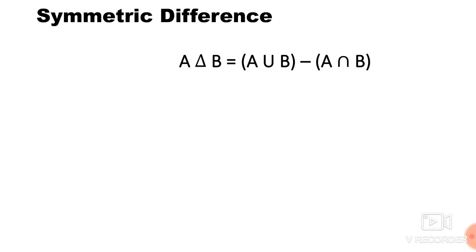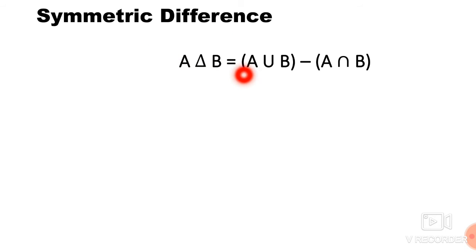Next operation we have is symmetric difference. Difference and symmetric difference are a bit similar, but there is a big difference. The formula which we use to find symmetric difference is A delta B. This is the symbol which we use to represent symmetric difference.